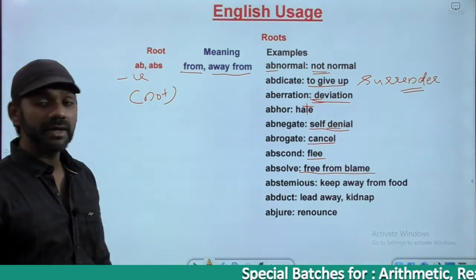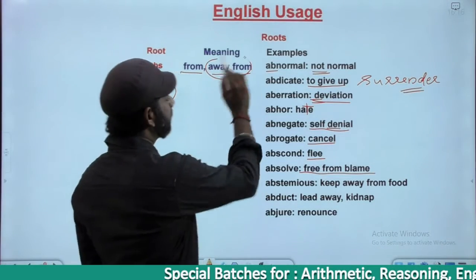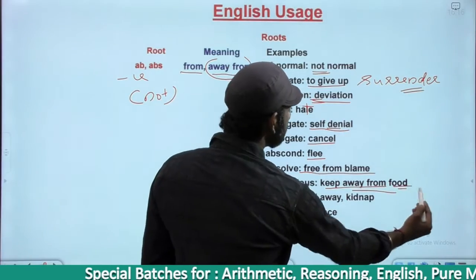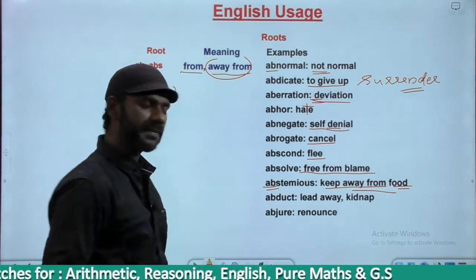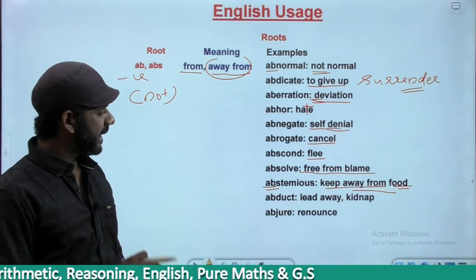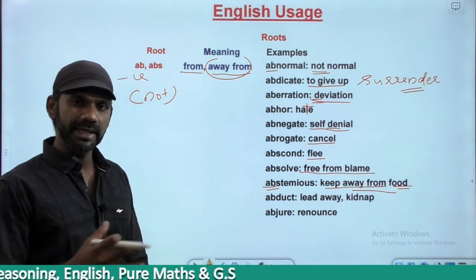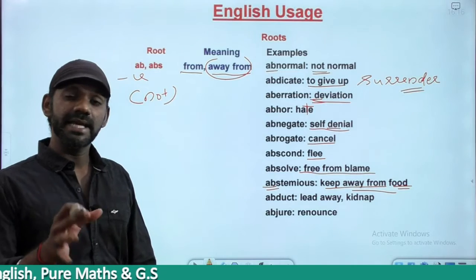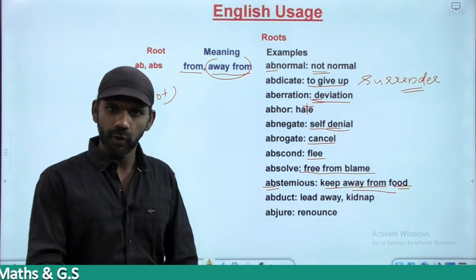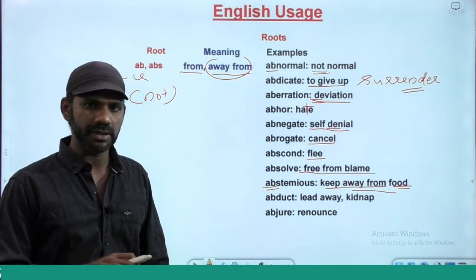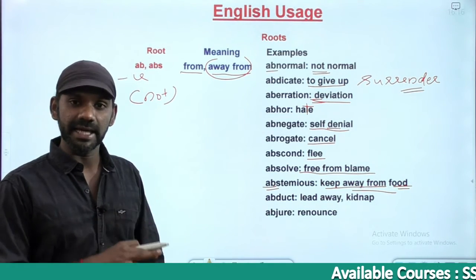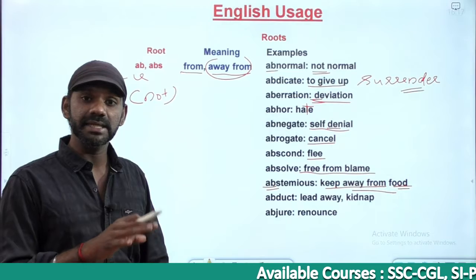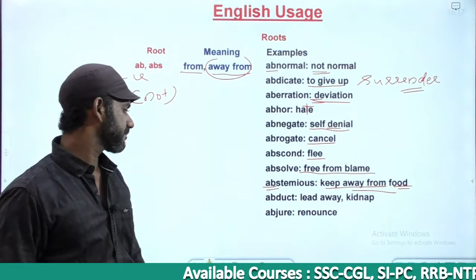Abstemious is keeping away from food. Keeping away from food is abstemious. AB is a negative prefix. Abduct. Abduct means to lead away. Lead away means like to kidnap. Taking someone away, that means by force. Kidnapping is something that is done by force. Taking someone away is kidnapping. That's called abduct. He is abducted means he is kidnapped, taken away.